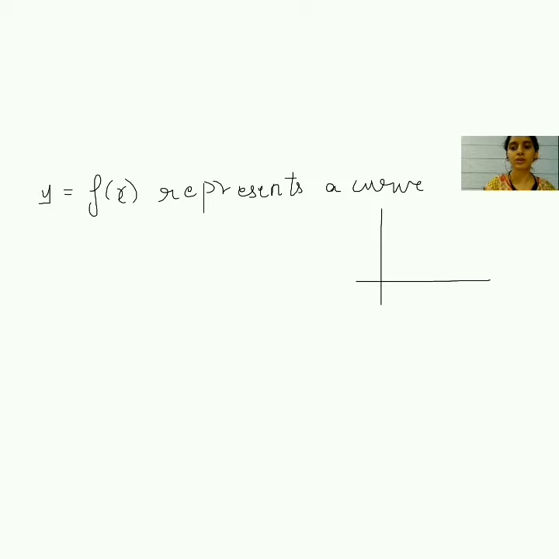Let us say that a function f of x, y equal to f of x, represents a curve. Any curve in an xy plane, right? So if it represents a curve, let us say you have an xy plane and you have a curve over here, this is y equal to f of x.